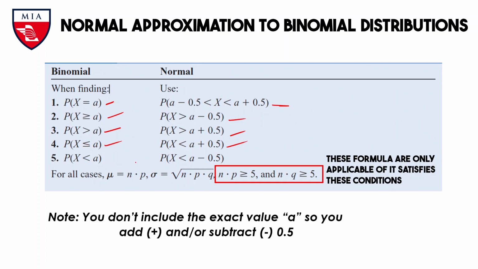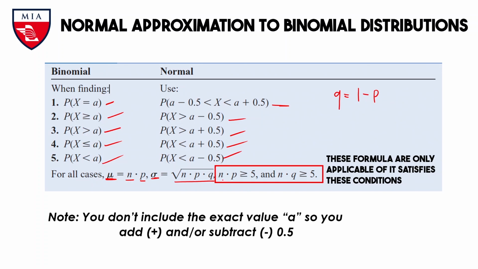If the probability of x is less than a, use this condition. For all cases, remember the conditions. Our mean is equal to n times p, and our standard deviation is equal to the square root of n times p times q, wherein the value of q is equal to 1 minus p.